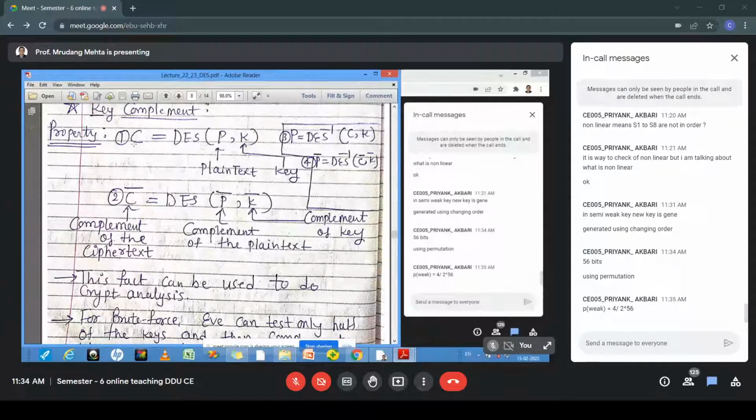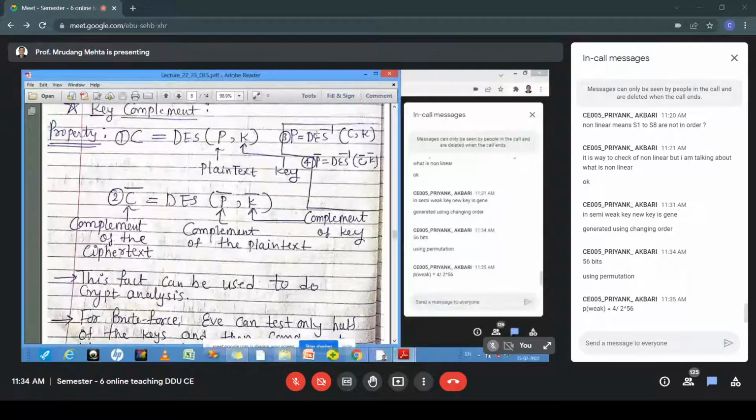The complement of this is that if you take the complement of plain text, and the complement of key, and you apply DES, then it generates the complement of ciphertext. This is a very interesting property. That means you take the plain text complement, the key complement, and you apply DES, so it is actually generating the complement of ciphertext.